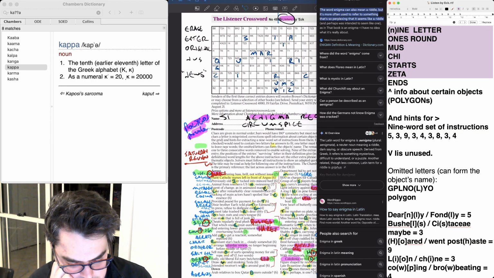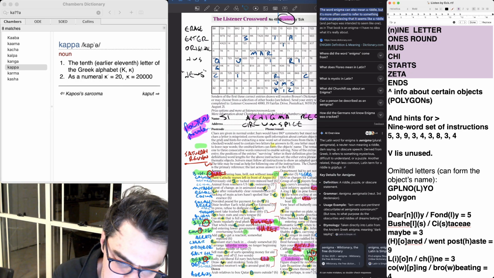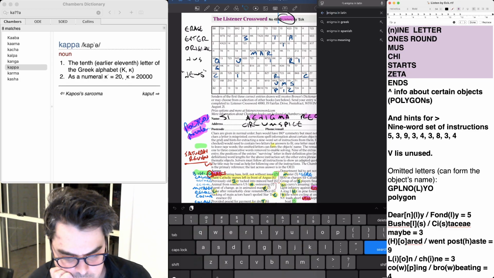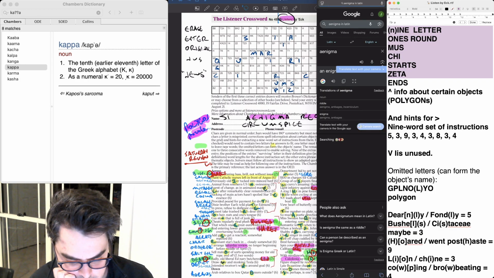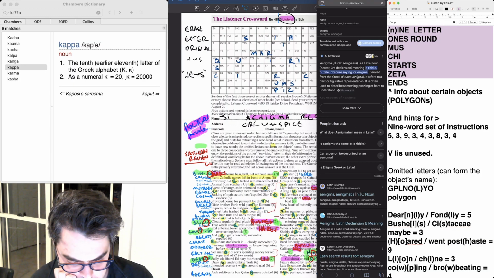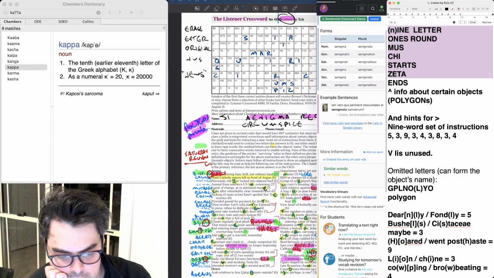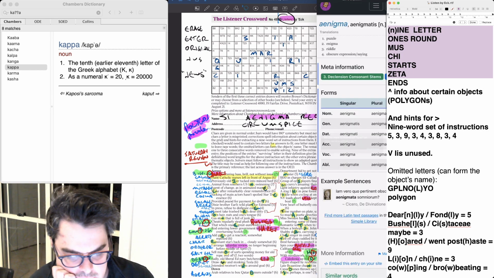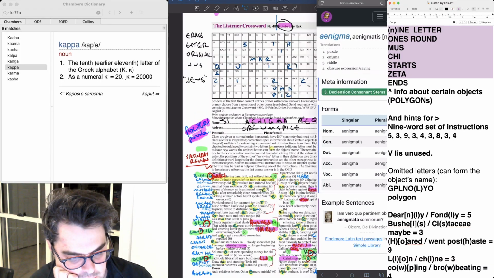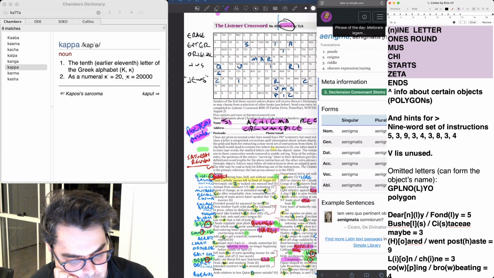It means puzzle, doesn't it? Puzzle. So it's actually spelled with an A in front. Enigma. It's a puzzle. That's the answer. How was that? If you seek a puzzle, look around you.